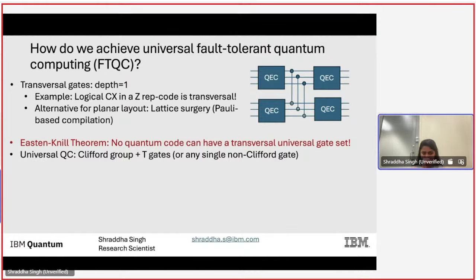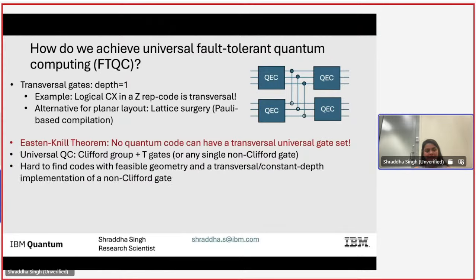Or there are codes that can have a transversal implementation of these, but those codes will actually have a non-transversal implementation of one gate in the Clifford group, for example, the Hadamard. That's an easier problem to solve. But generally, the codes that we look at don't have a transversal implementation of the non-Clifford gates.